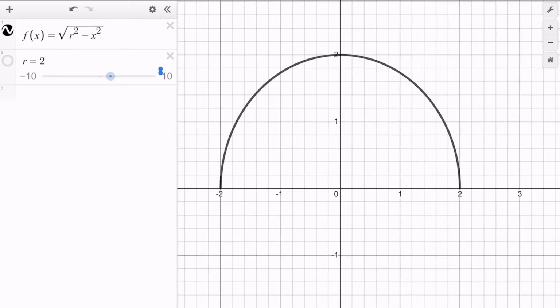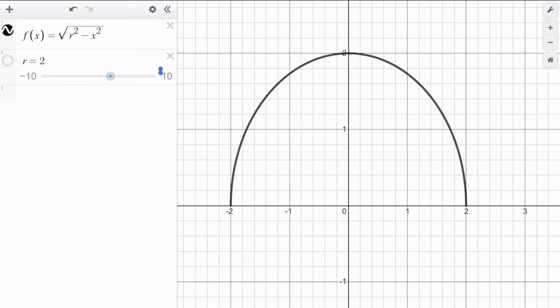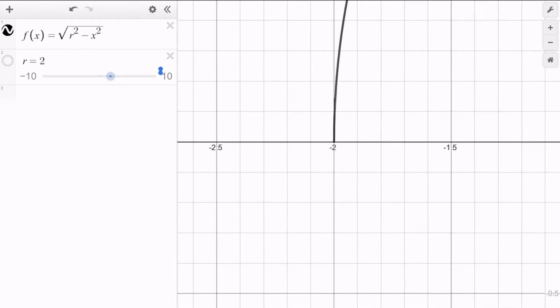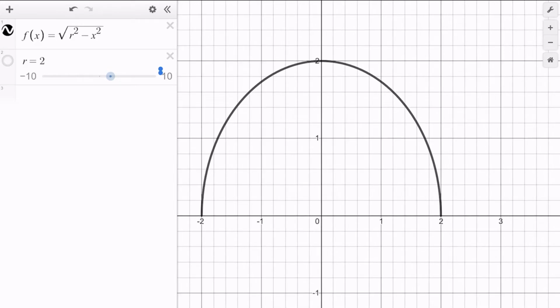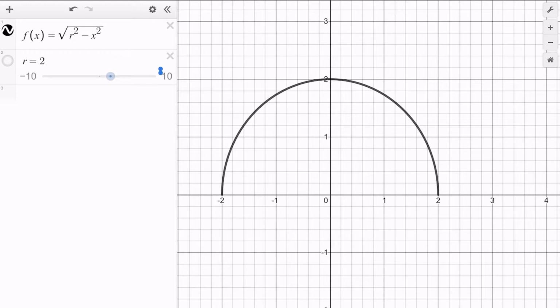Well, when r is 2 in the equation, in my graph, I also have a radius of 2 because, again, from the middle to the right, to the top, and to the left are all 2 units away. r is essentially the radius in this case.